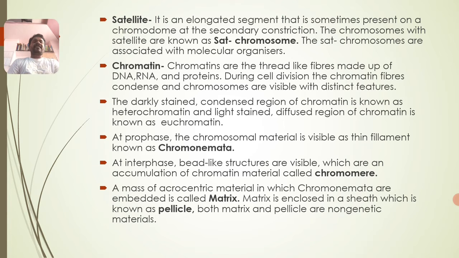We have already studied that the nucleus consists of chromatin fibers. Heterochromatin is darkly stained and condensed to form the darkly stained part of the chromosome, the centromere, and the lightly stained region of the chromosome, the chromatids, is formed by the condensation of euchromatin.